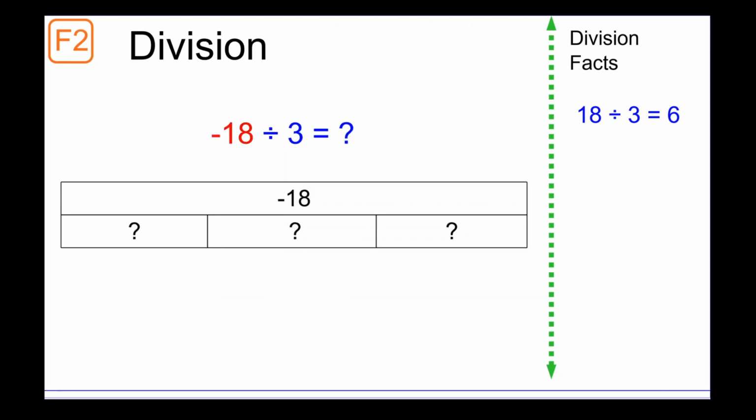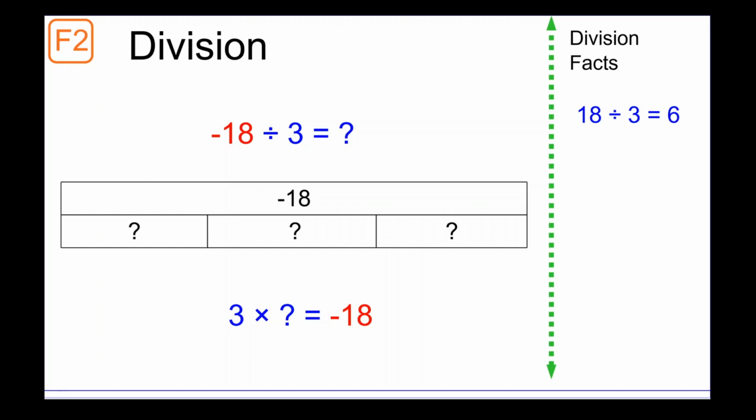What if we were asking negative 18 divided by 3? Well, we can understand it using the same picture. The bar model says negative 18 divided into 3 equal parts. The equivalent multiplication tells us that three groups of something make negative 18. What could that something be?